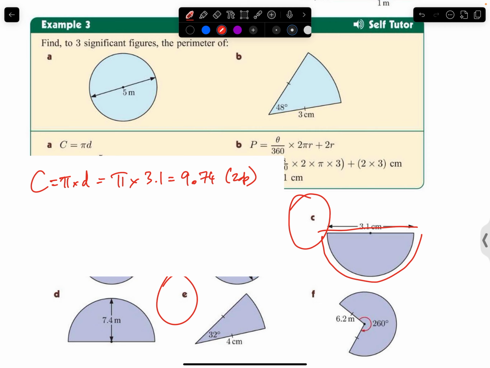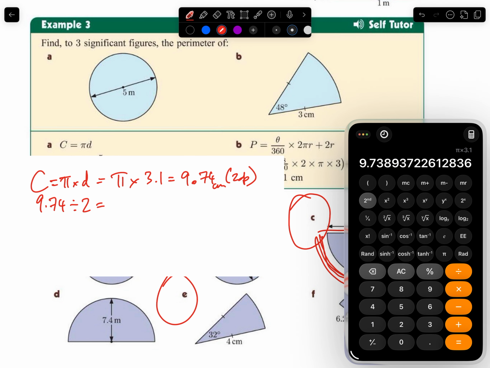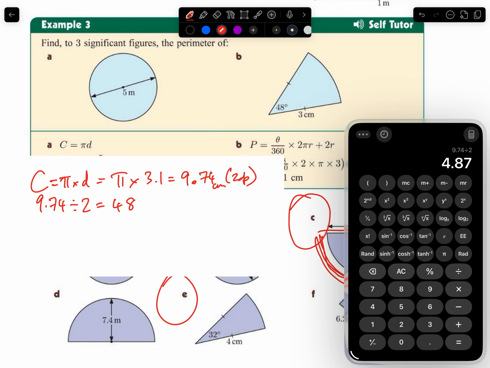That's the whole circle, but this is only half of a circle here. So 9.74 divided by 2 is 4.87 centimeters for the curved bit.